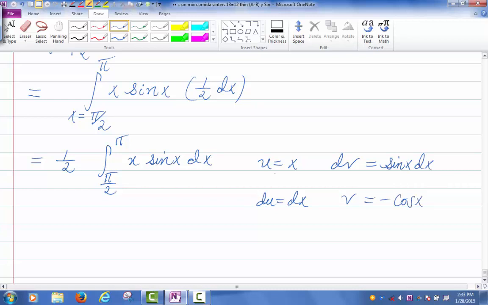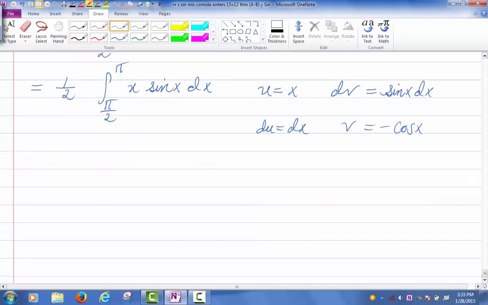And so integration by parts tells me I can rewrite my integral as what? I have a half, and how should I write the integral? You know what? Let me use a parenthesis here. What's the integration by parts formula? Well, this is uv. What is uv?